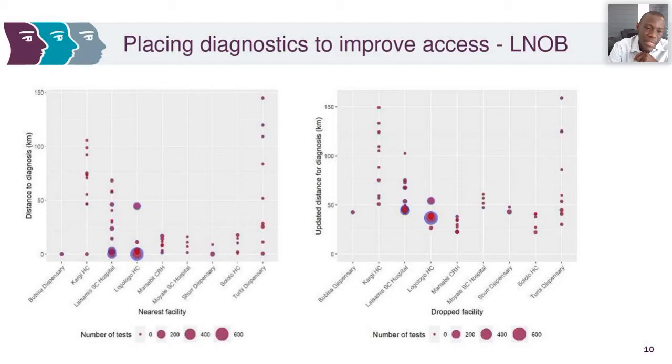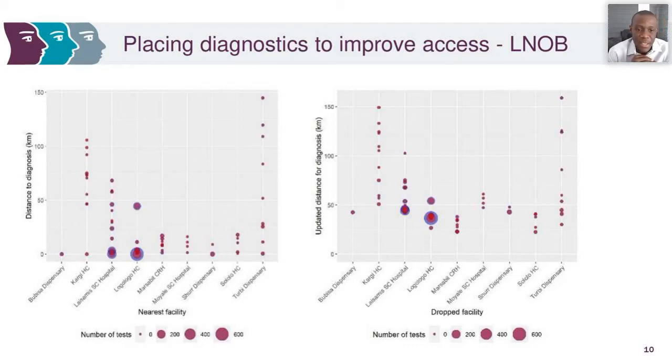Here you see the facilities. The dots represent the communities that access diagnostics in these facilities. And for this first community, for instance, they don't have to travel far to get access to diagnostics.